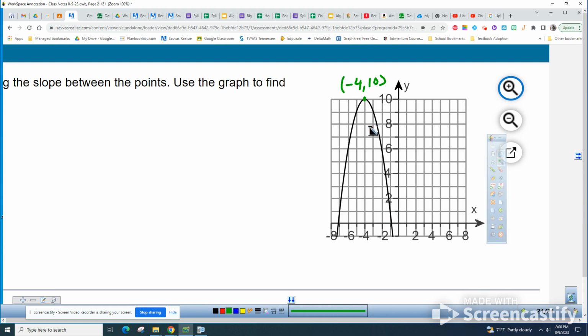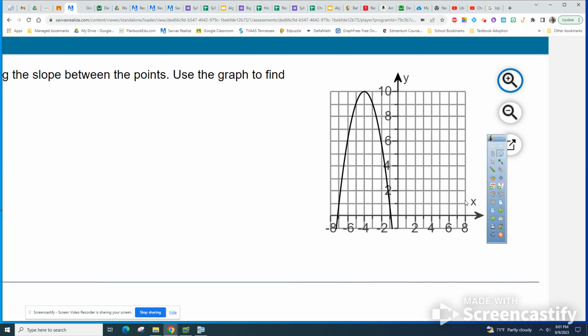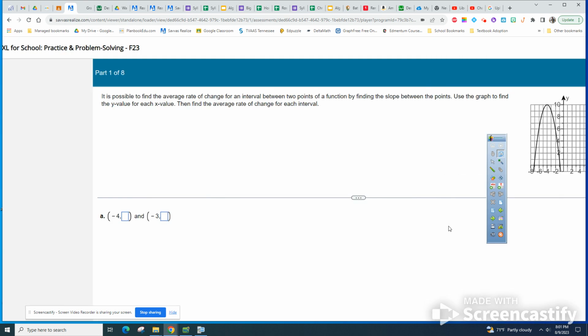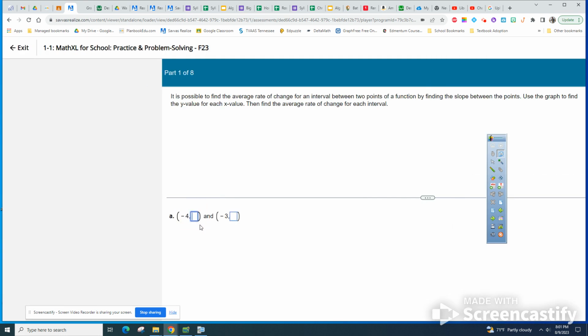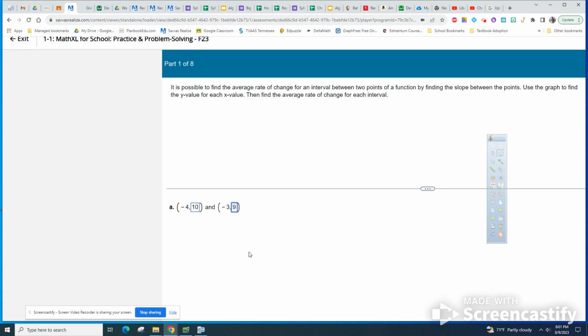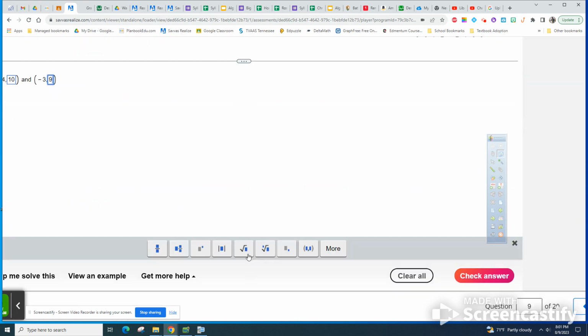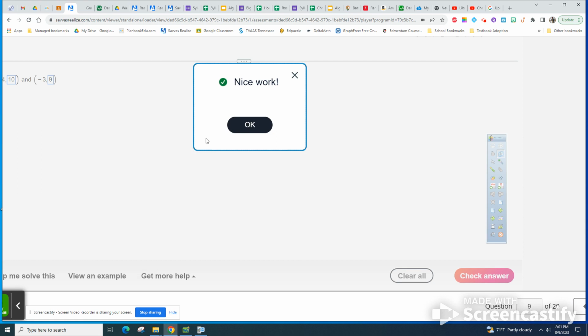And -3 is hitting at -3, 9. I'll have to shrink that back down and put the numbers in. So we said that was 10, and this is 9. We hit check answer, and it says nice work.